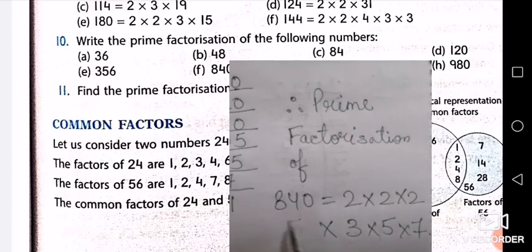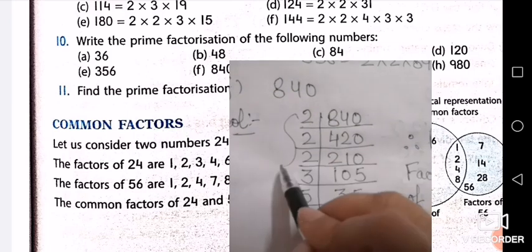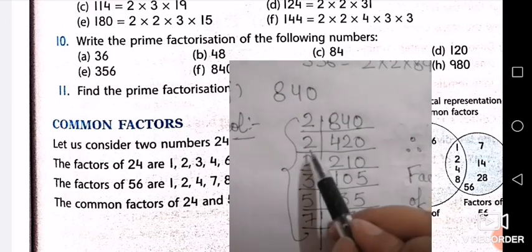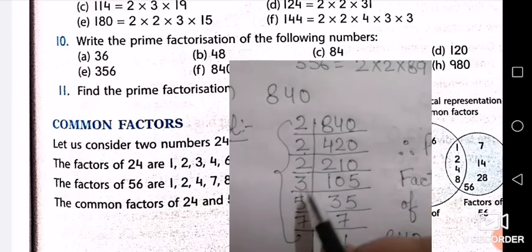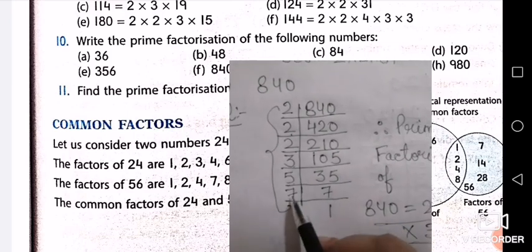This will be the prime factorization of 840. As you can see the factors of 840: 2 multiply by 2 multiply by 2 multiply by 3 multiply by 5 multiply by 7.